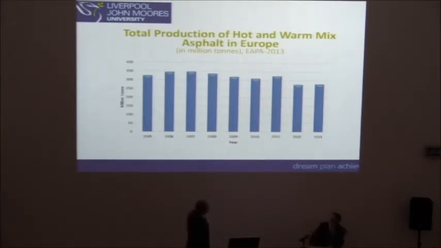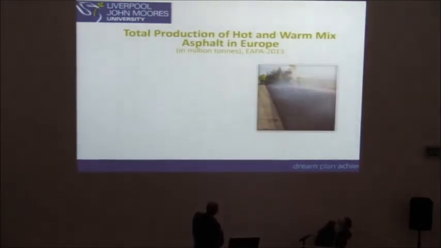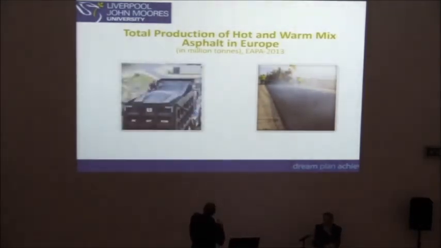And there is a restriction on using hot mix because of the CO2 emission and the problem in controlling the temperature when hauling long distance. So you can see the emission, and you can see we need to keep the temperature, and it is not easy.